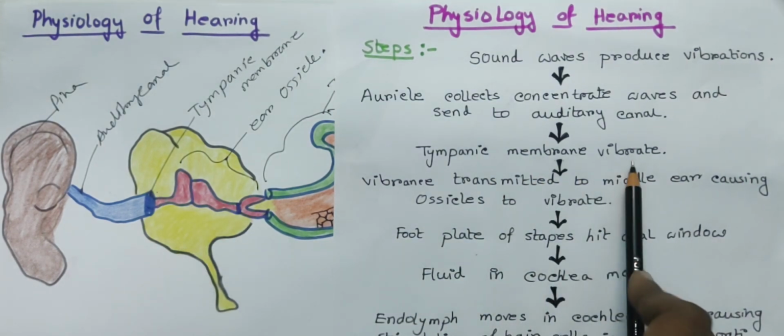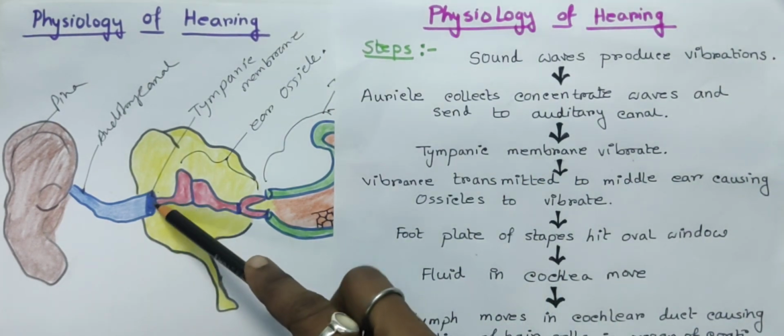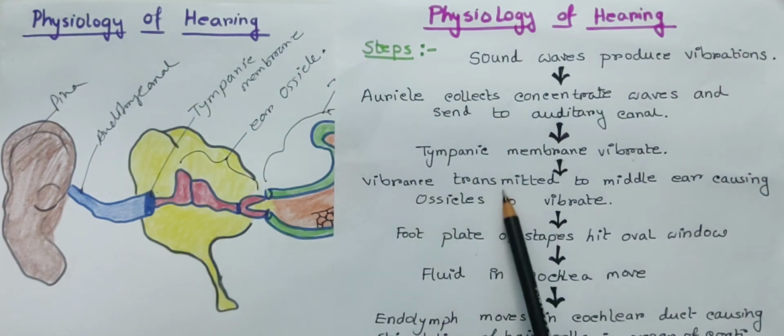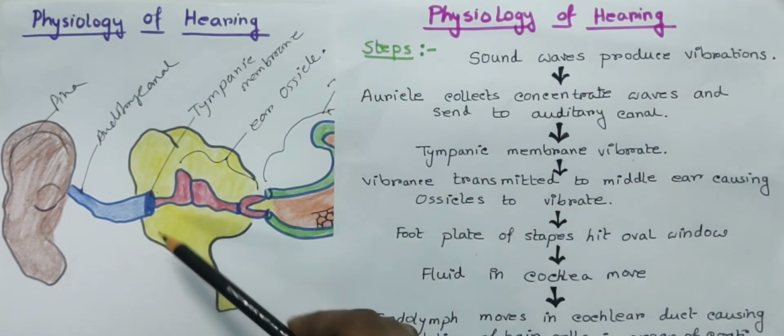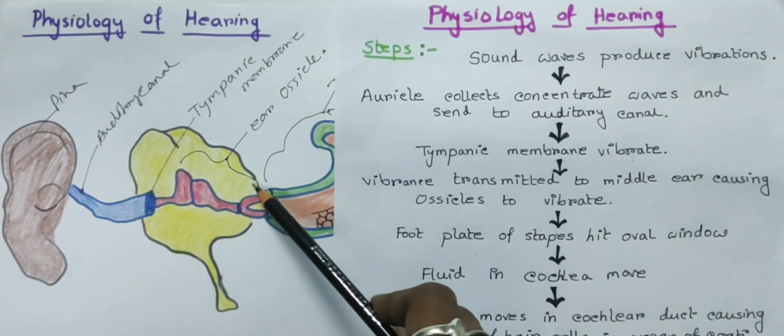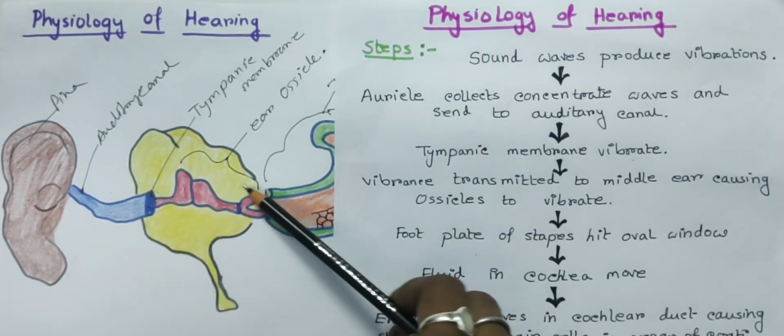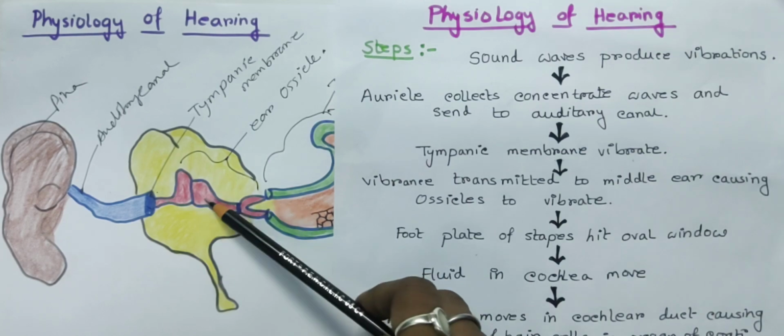The tympanic membrane then vibrates. Vibrations are transmitted to the middle ear causing the ossicles to vibrate. The vibration comes to the middle ear and there are ear ossicles. They vibrate.